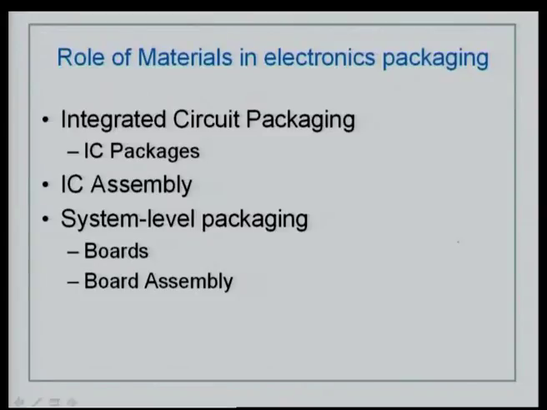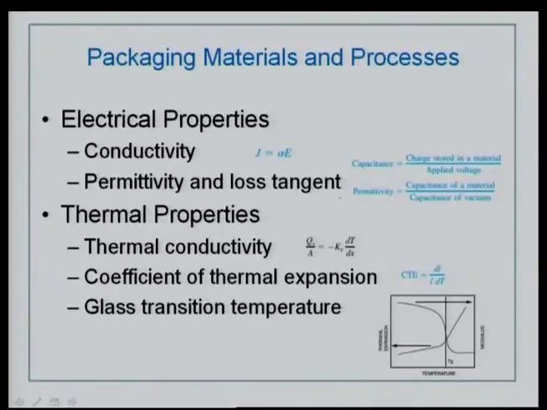Now, as we have seen in the previous slide, it could be in IC packaging, it could be in IC assembly, or in system level packaging. The electrical properties briefly that you must be aware of, which I want to summarize and give it to you in a nutshell, is conductivity. Remember this equation, permittivity and loss tangent. You are talking about dielectric constant, capacitances of materials, ratio of capacitance of material to capacitance in vacuum, that is permittivity, very key property.